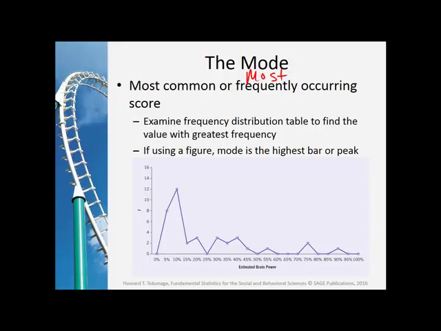And the way to find the mode is to look at a distribution table and find the value with the greatest frequency, the one that happened the most often. So if we're using this sort of figure here, what's the mode? Well, the mode is the one with the highest peak.